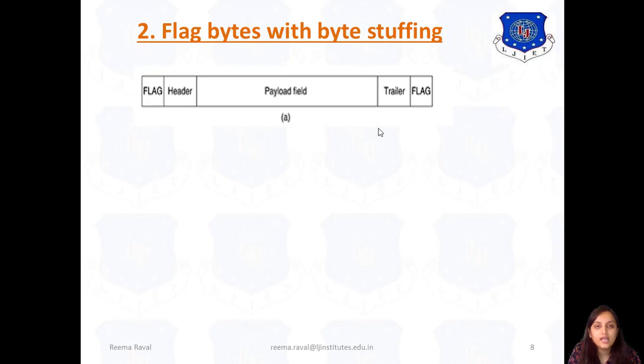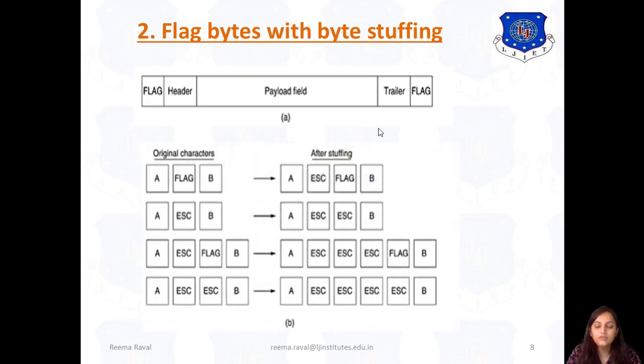Let us consider different cases of this method. Now see, in the first case, this indicates the transmission side, or you can say the original characters that were sent, and here the case indicates after the byte stuffing. Okay, let's say for example the frames A and B are to be sent, and in between a flag is placed. So after stuffing it will be like A escape flag B, right?